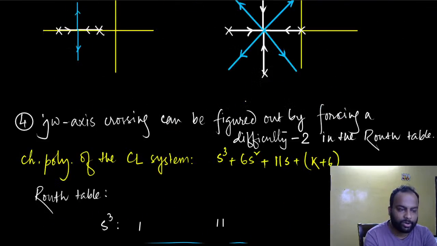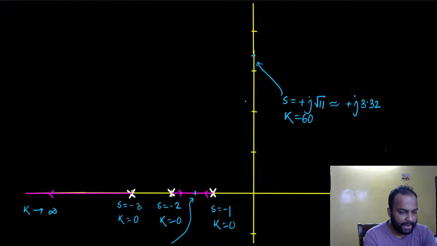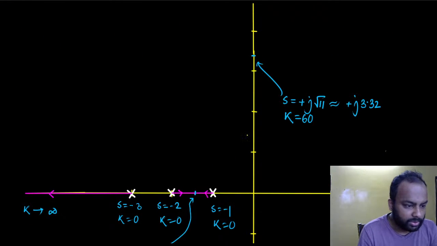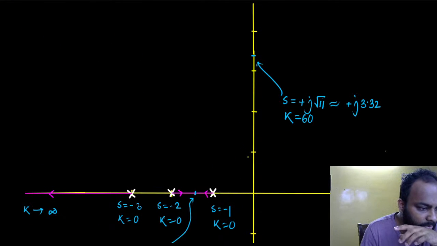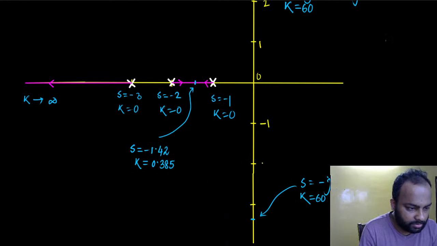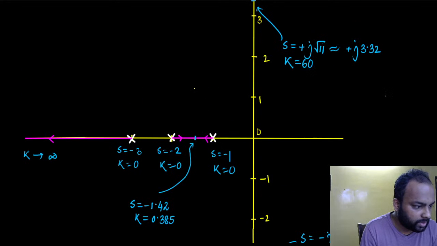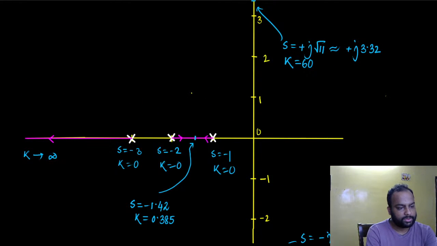So let's go back to the drawing. Let's also mark the axes properly. This is 0, this is 1, 2, 3, and 4 on the real axis, and this is minus 1, minus 2, minus 3, minus 4. All right, that's fine.